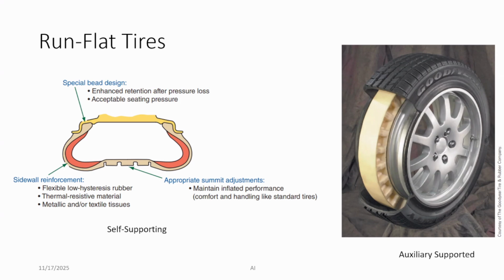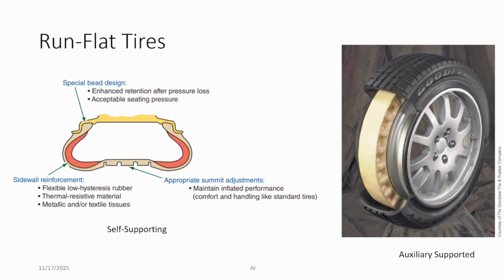So suppose you can drive with the inflated tire at a certain speed, let's say maybe 200 kilometers per hour with these run flat tires. Let's say, just assume. So once you experience a tire puncture, then you can drive around 50 to 60 kilometers per hour.